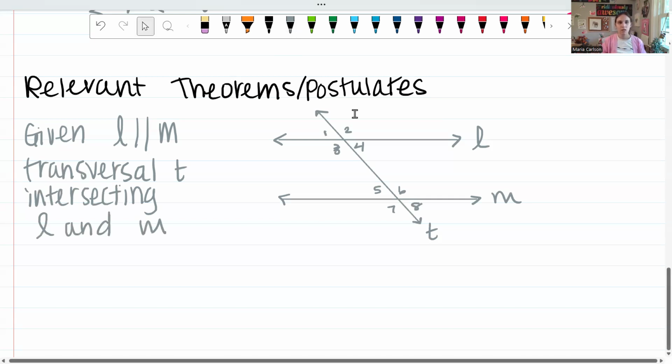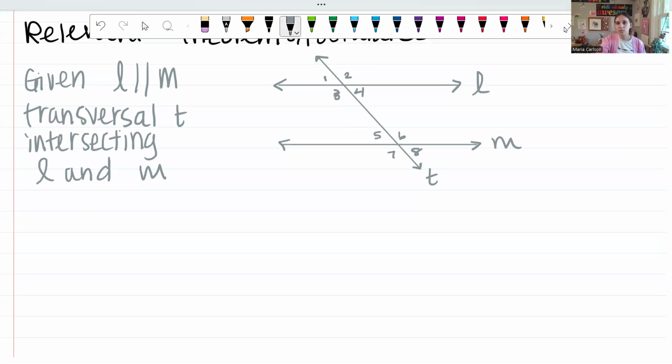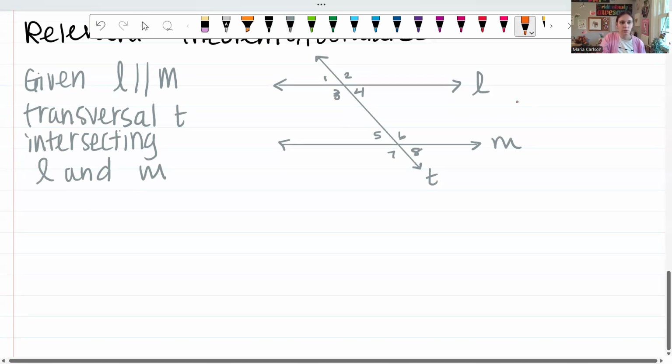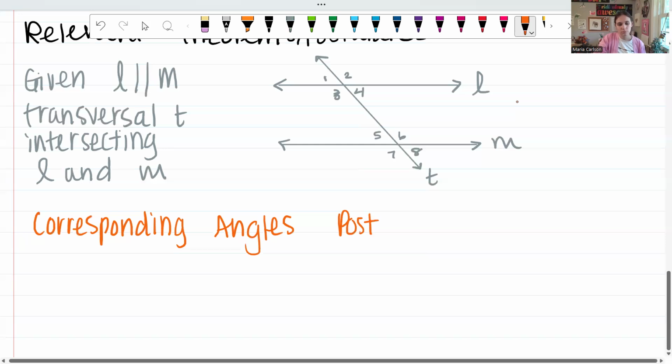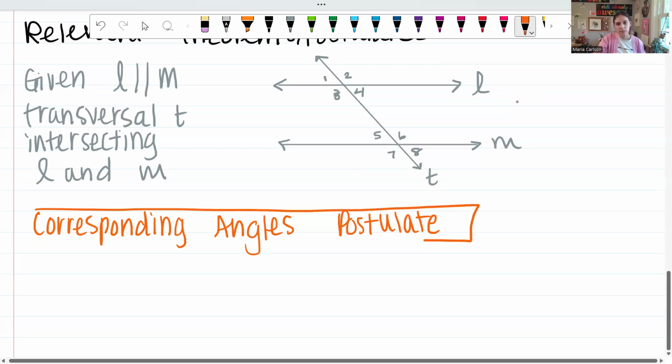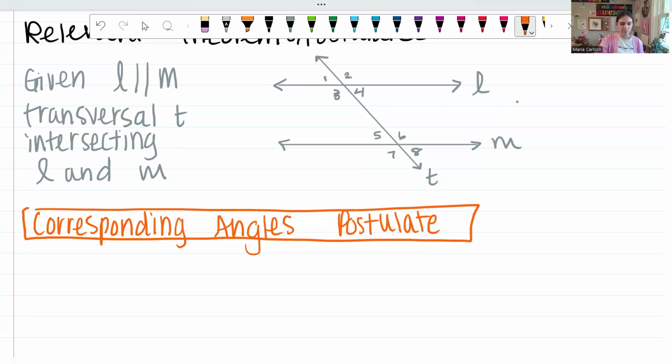Okay, so the first important thing we are going to be using is the corresponding angles postulate. And this is a postulate, so we are then assuming that this is true. And again, this will be used to prove the other theorems.